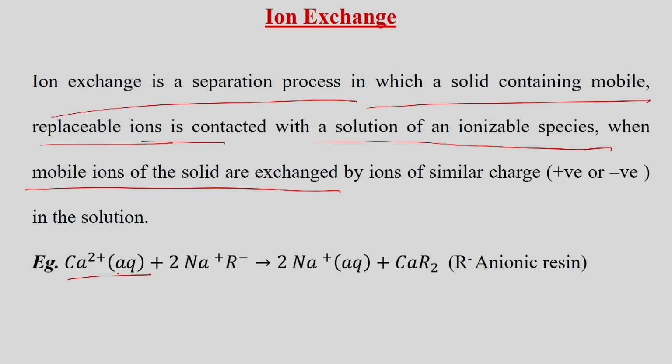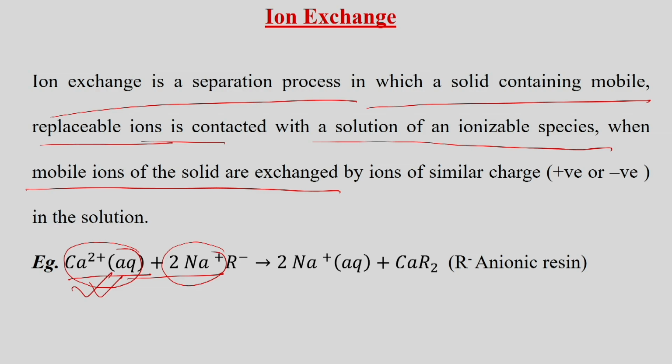This Ca2+ will be replaced by 2 Na+, so electroneutrality will prevail, but the calcium 2+ ions are now trapped by sodium at the expense of the 2 Na+ going into the solution. That is an exchange of ions.